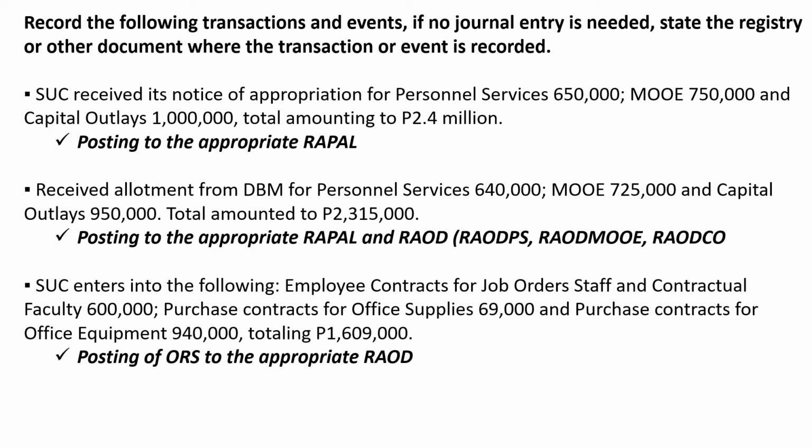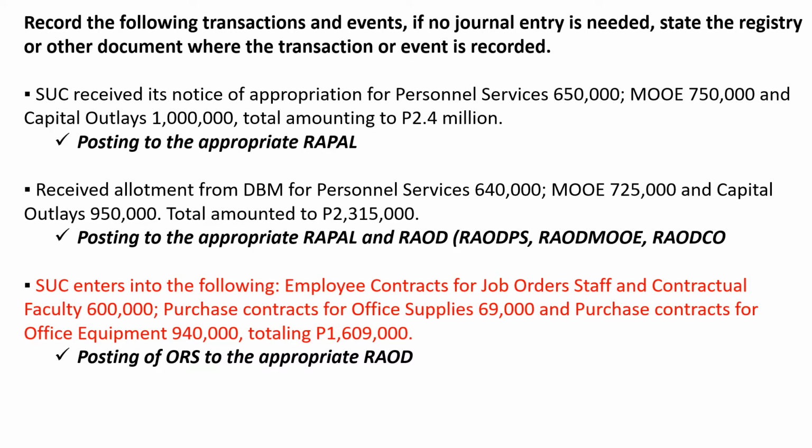For RAOD MOOE, we will post the obligation amounting to 69,000, and on the RAOD CO, we will post the obligation amounting to 940,000. So again, we should take note that up to this point, nothing is yet recorded in our accounting books. All the recordings are made on the budget registries.